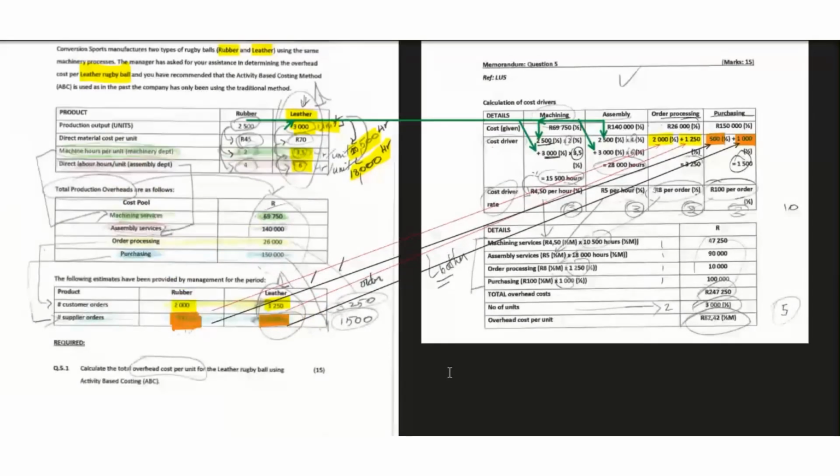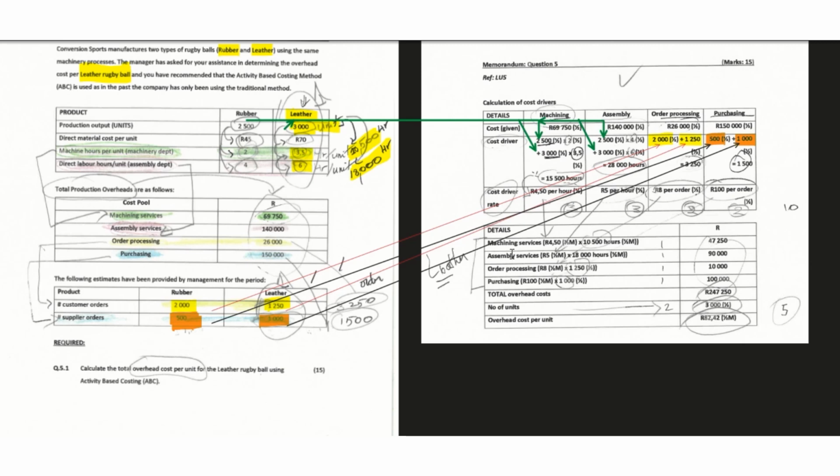So now that we have the actual cost driver rates, we can now look specifically at the leather, only the leather, because that's the question. So if you as a student go on to calculate for the rubber rugby balls, you are wasting time. Again, look at the question and what is asked. They want you to focus on the leather.